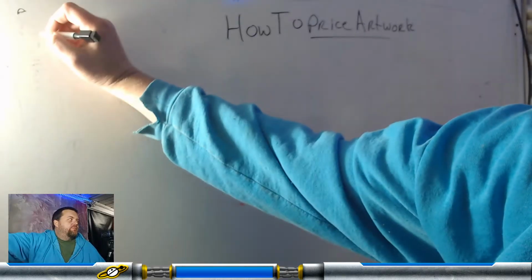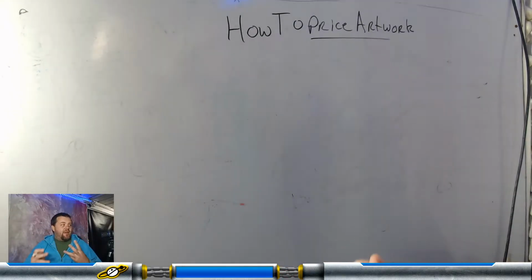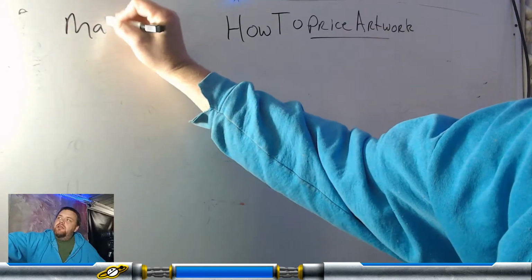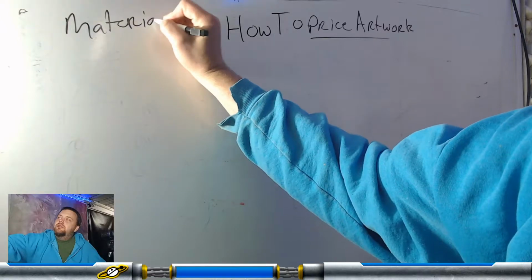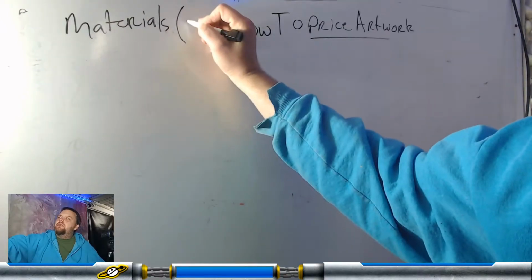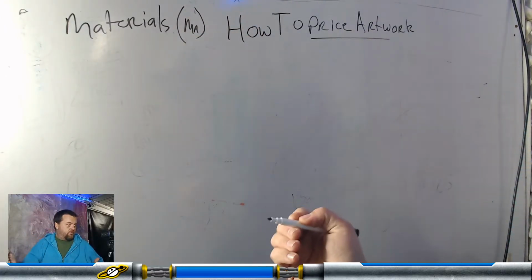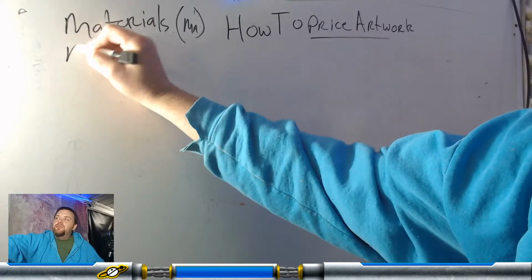So there's going to be three factors when it comes to pricing your work. And that's going to be, you need to know what your materials cost. And for the sake of this one, we're going to call that MA. Okay. You need to know what your man hours are.